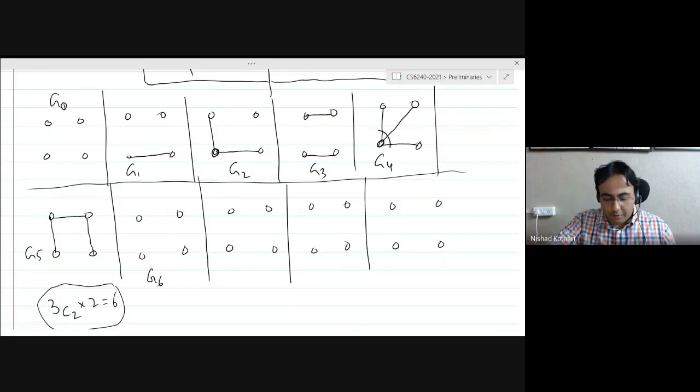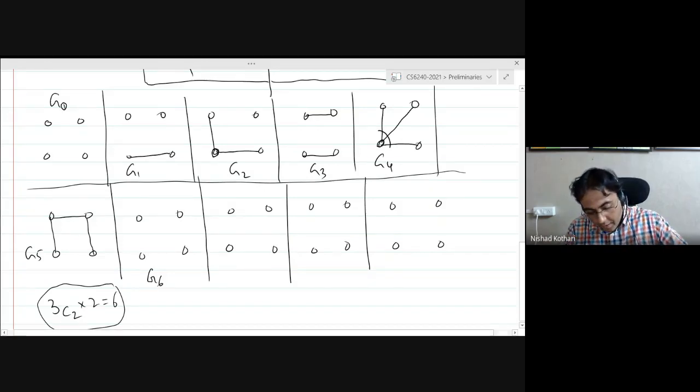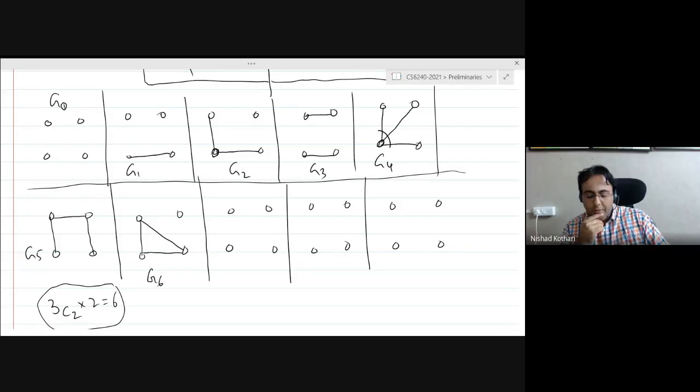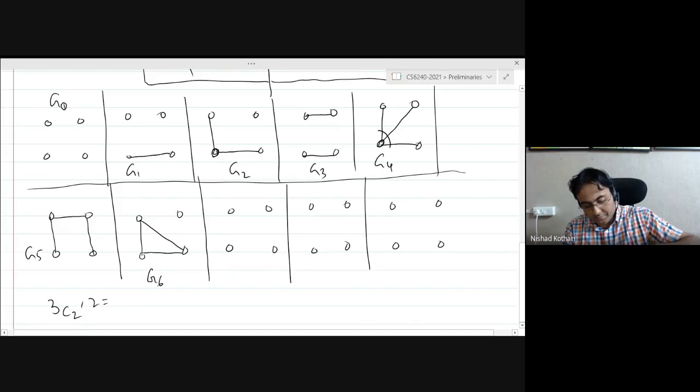I think someone wrote on the chat box C3. The 3 edges could also be like this. Okay. And you can convince yourself now or after the lecture that these are the only 3 possibilities. So it's not actually 6, it is just 3 possibilities.